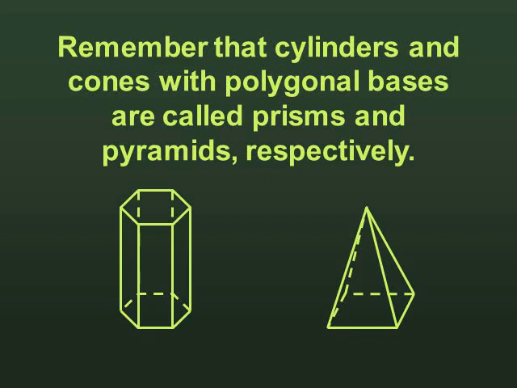So let's talk about geometry. This is two pictures, one of a polygonal prism. The polygon here looks like a hexagon, so a hexagonal prism. And then on the other side we have a pyramid with a polygonal base, which is a square.